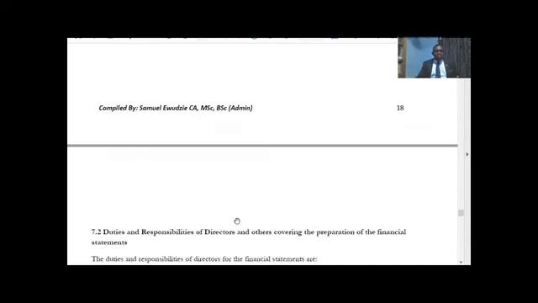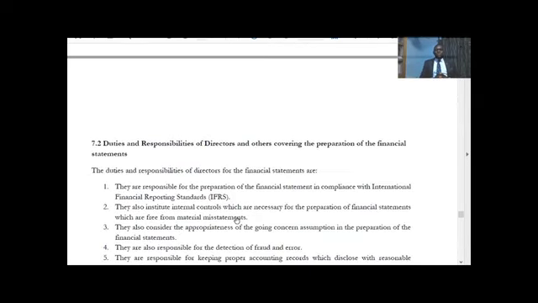Great. Now let's look at the duties and responsibilities of directors or those charged with governance as far as preparation of financial statements are concerned. One, the directors are responsible for the preparation of the financial statements in compliance with international financial reporting standards.